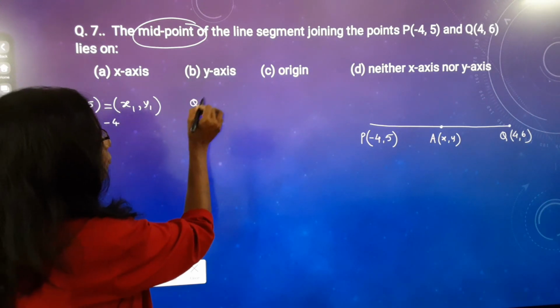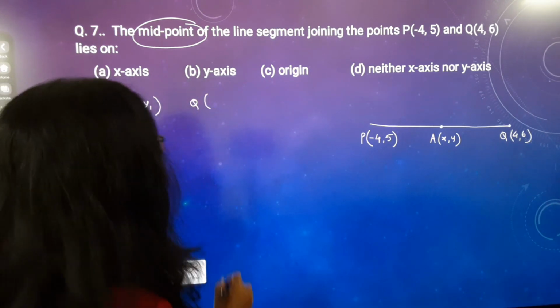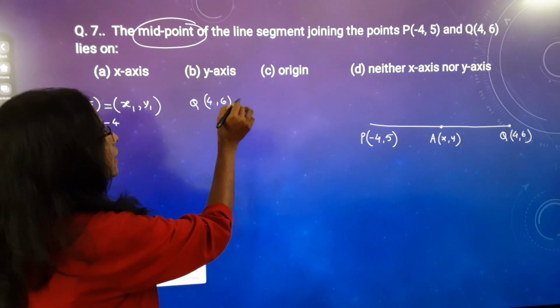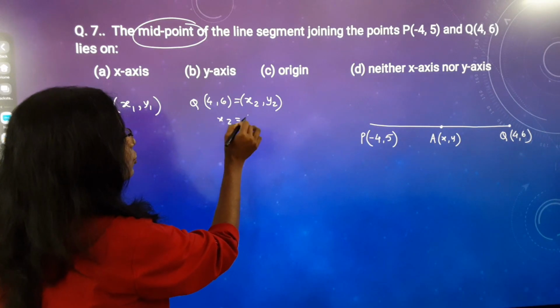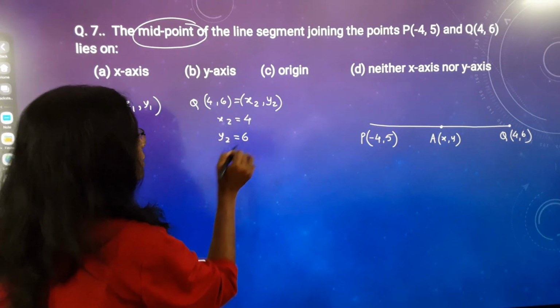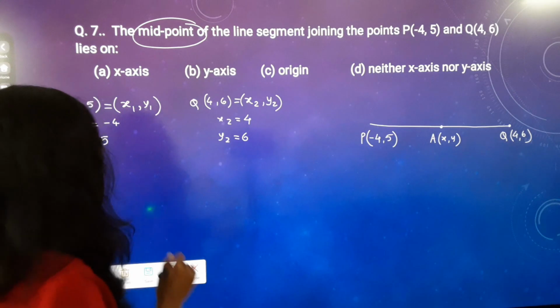Then Q(4, 6) is x2, y2: x2 is equal to 4, y2 is equal to 6. Now use the midpoint formula.